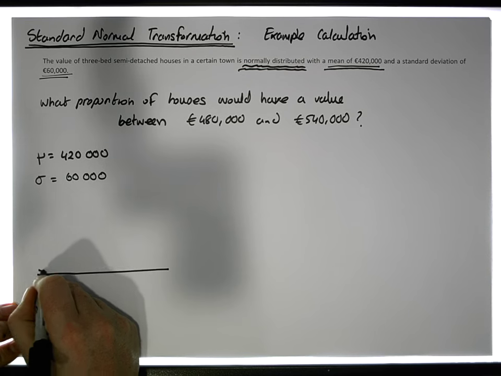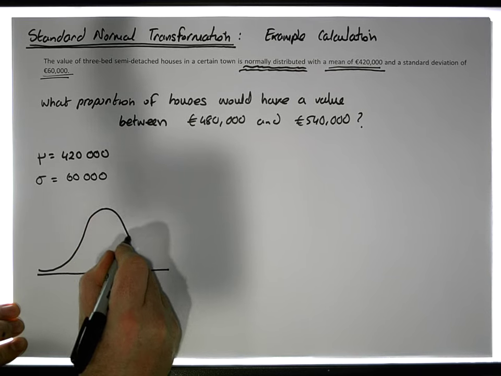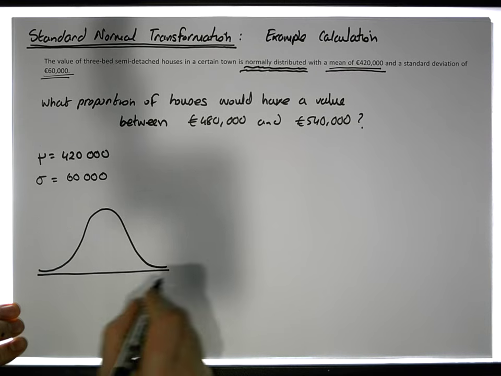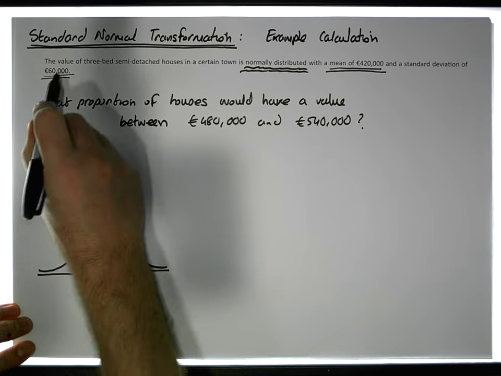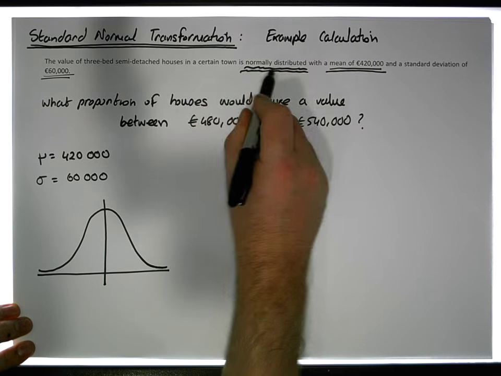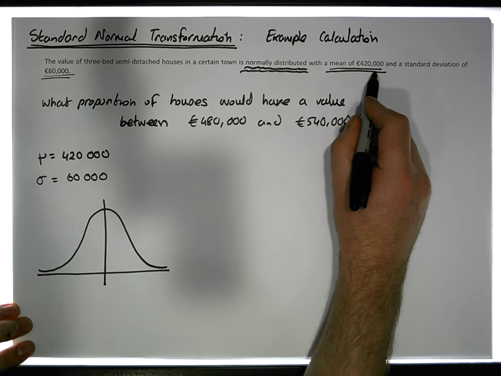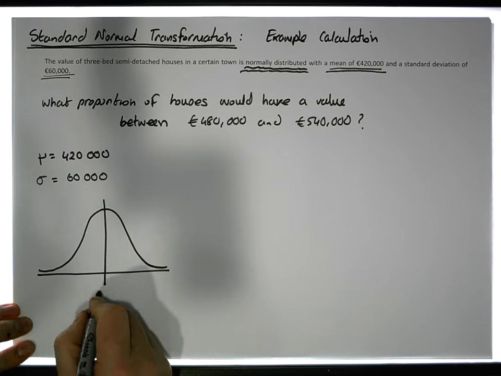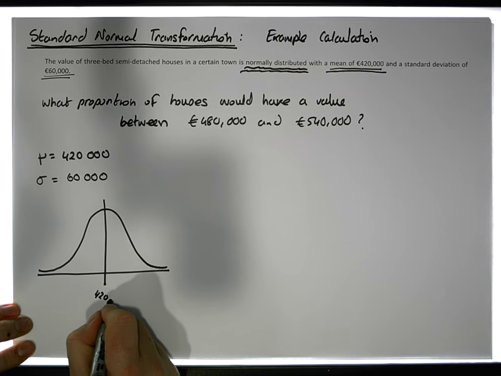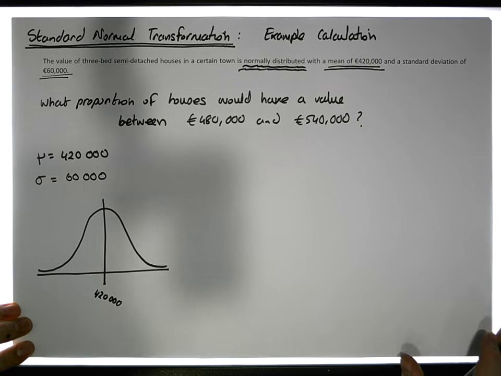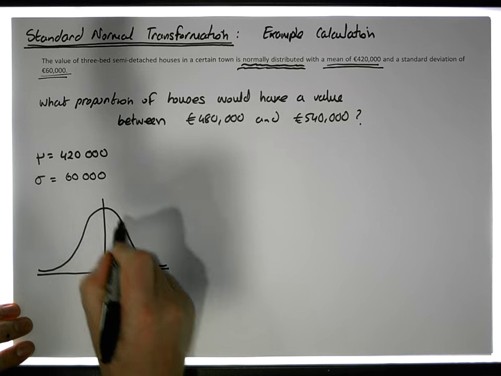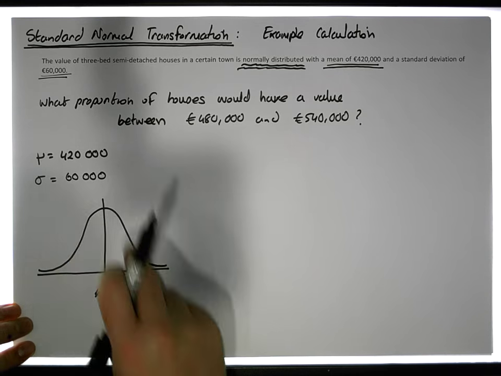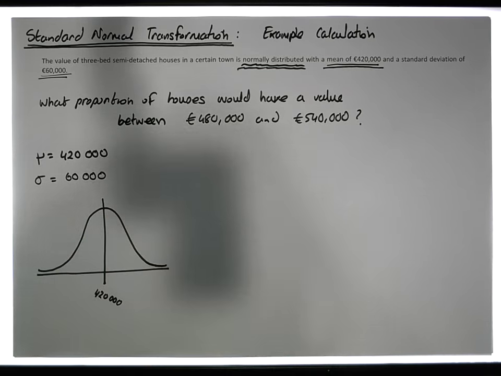Here's a normal curve, and I'm going to make its center point the mean of house prices, €420,000. The standard deviation is 60,000 euros, although it'd be hard to actually draw that.